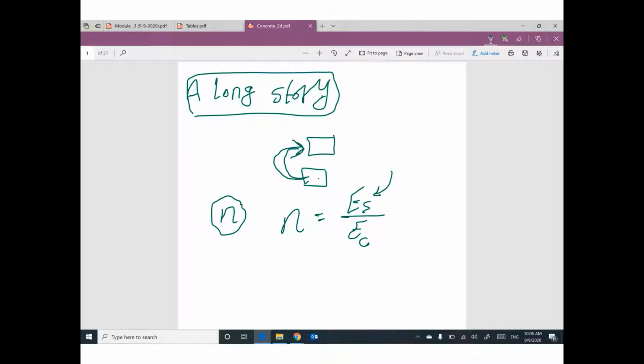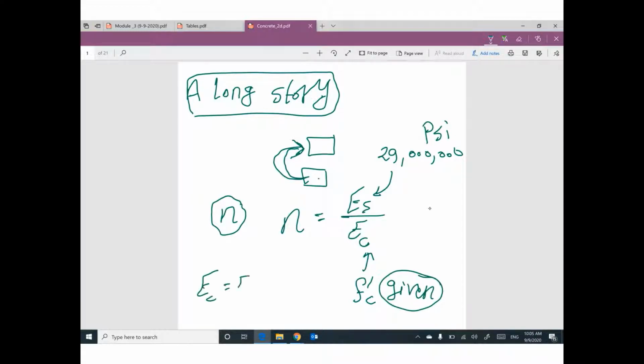You have to remember it: 29 million PSI. E concrete is not given. But probably F prime C is given, so I can figure out E concrete equals 75,000 square root of F prime C.